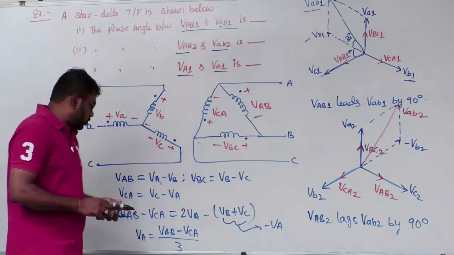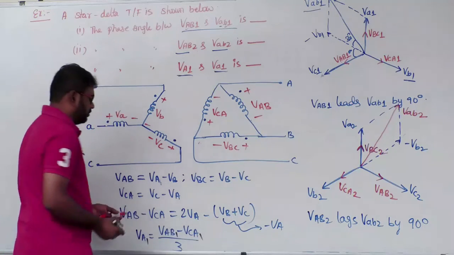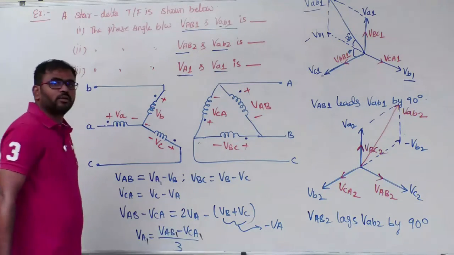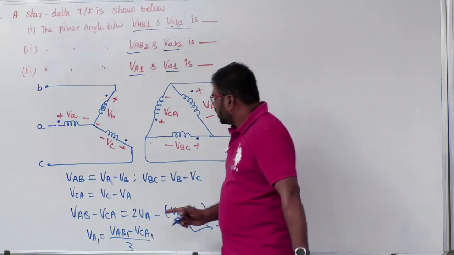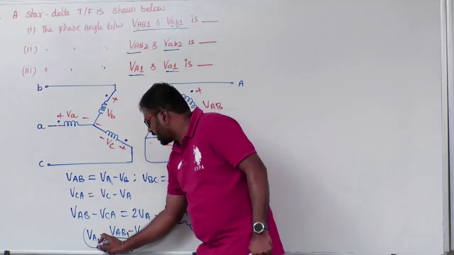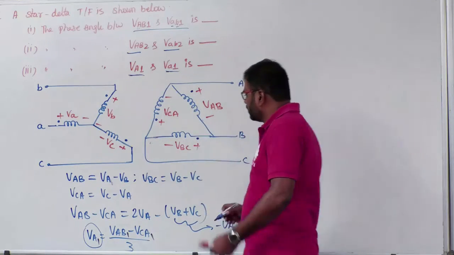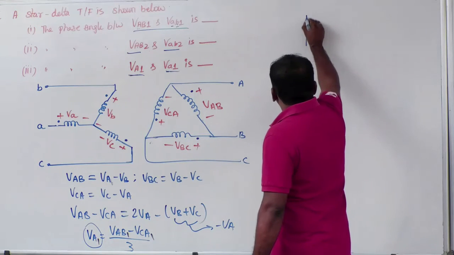Clear? Suppose you want VA1, then VAB1, VCA1. That's it. If I want VA1, VAB1 minus VCA1 by 3. So using this relation, we can understand what is the phase angle between capital VA1 and small VA1. Let me draw the phasor diagram once again. So first I will show here VA1.